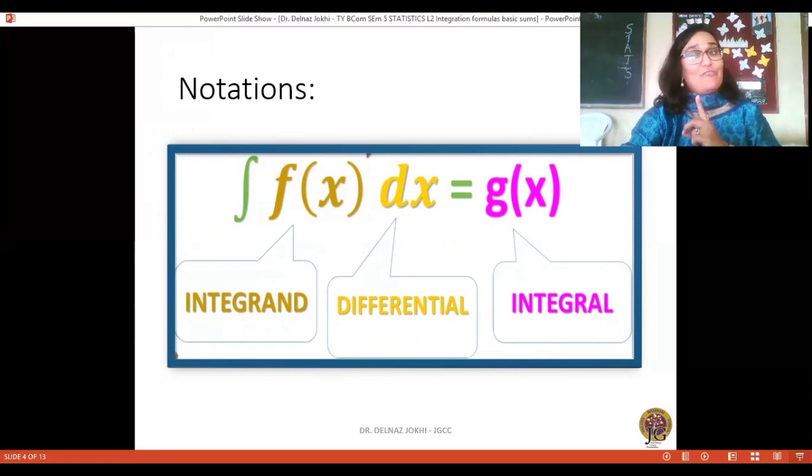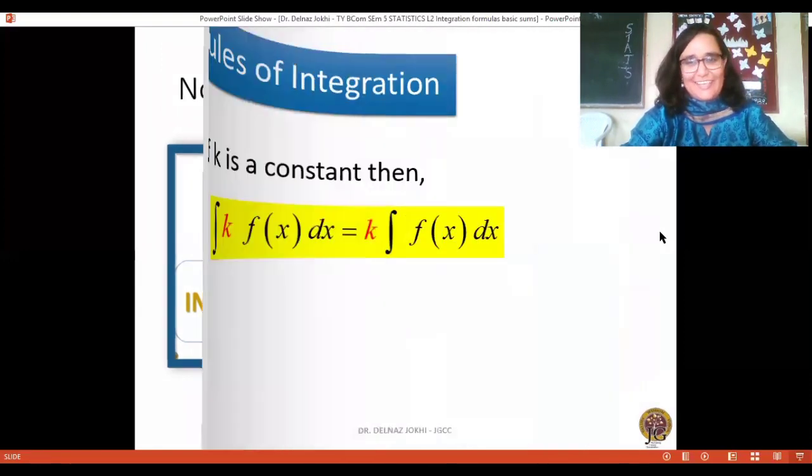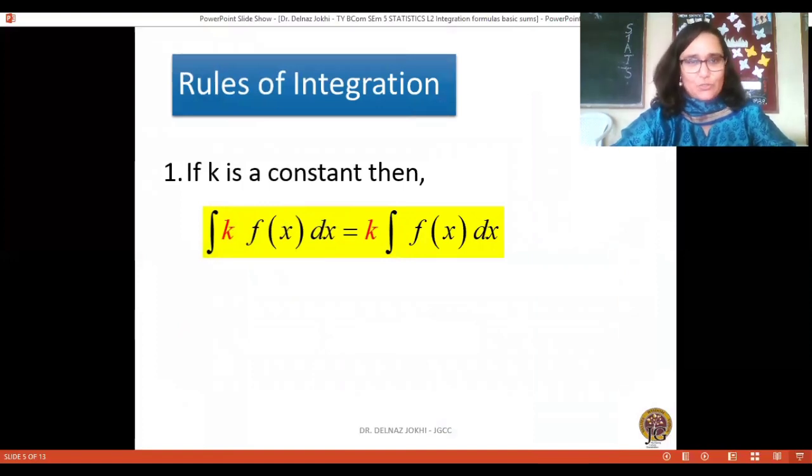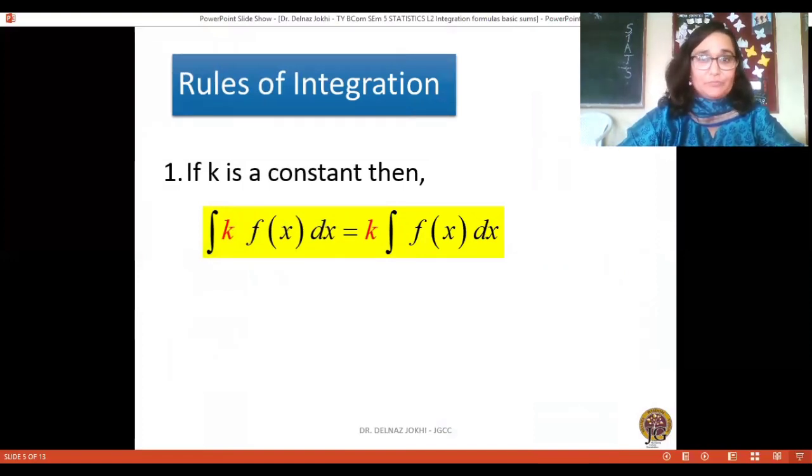The process of finding the integral of a function is known as integration. You very well know that. We just revised it. Integral is the answer, denoted by G(x). Very good. So this was a quick revision of what I did. Of course, I did a lot of things in the first lecture, but this much revision is enough for today's lecture.